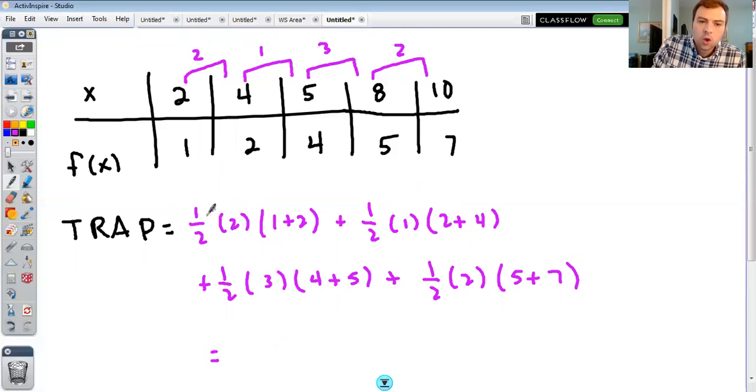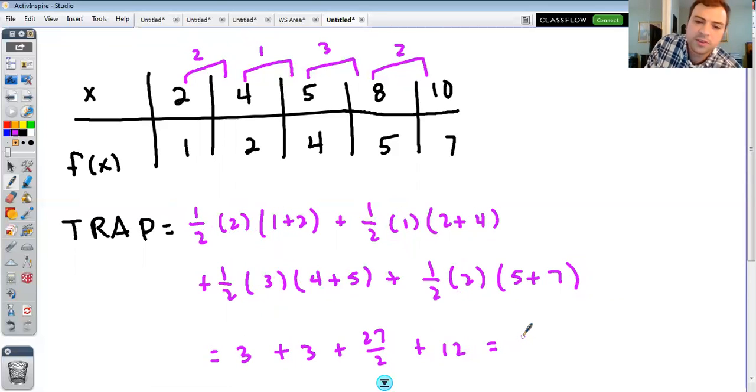So this first one is 1 times 3. So that's 3. The second one is 1/2 times 6. So that's another 3. The next one is 3/2 times 9. So that's 27 halves. Plus 1 times 12. That's just going to be 12.